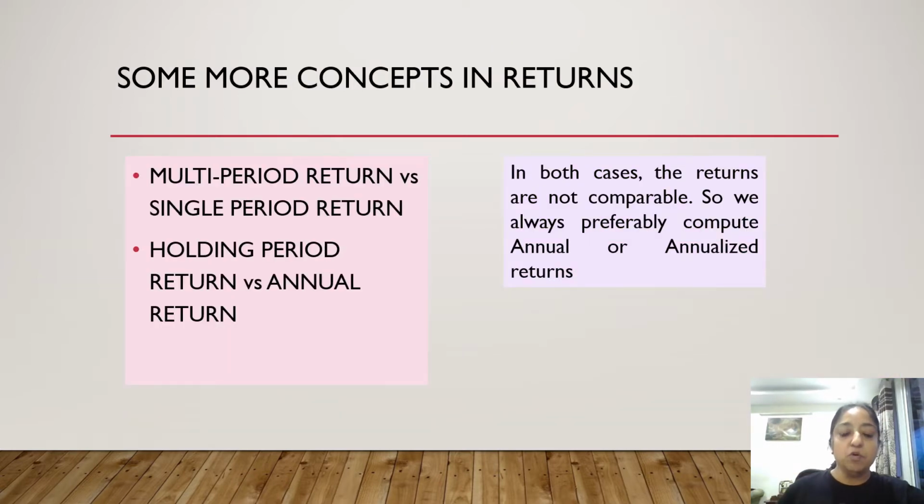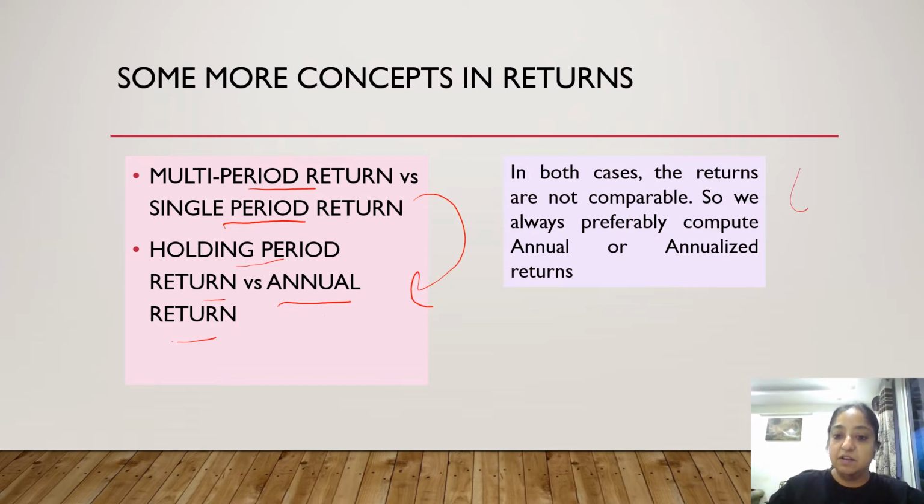Now let's learn more concepts related to return. It could be a single period return. It could be a multi-period return. Similarly, it could be an annual return. When I say single period return, it could be an annual return. And when I say multi-period return, it could be a holding period return. Holding period return means you are going to hold the asset for more than one period.